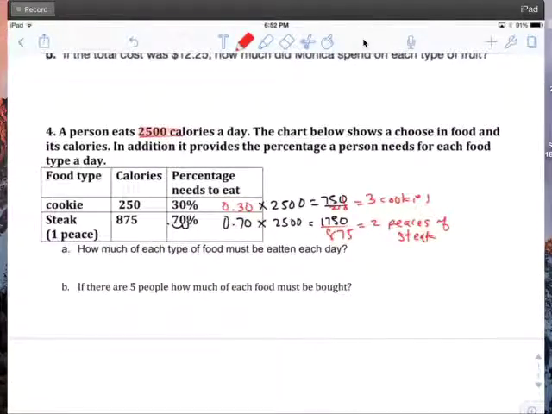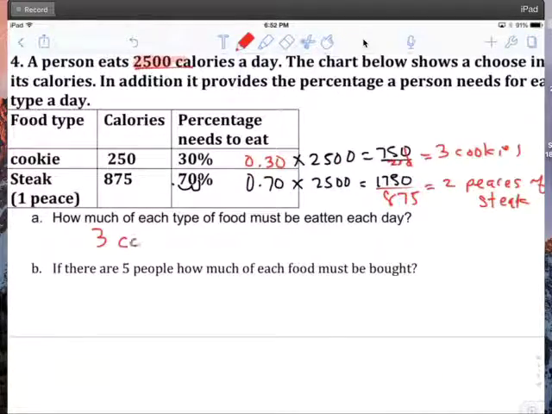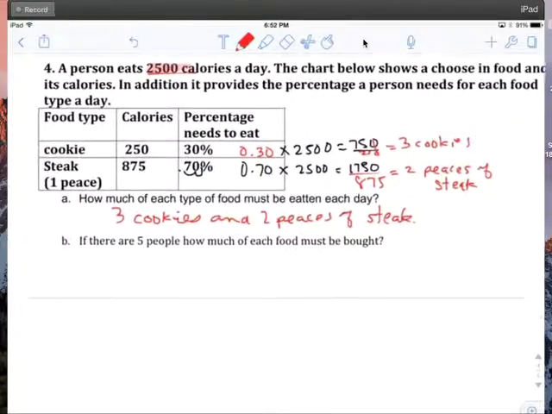Okay, how much of each type of food must be eaten a day? They must eat 3 cookies and 2 pieces of steak. That's not much. 3 cookies though, that's a lot. Depending how big, huh? 250 calories, a lot.